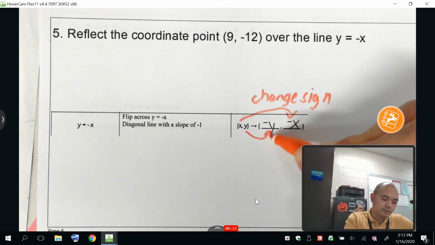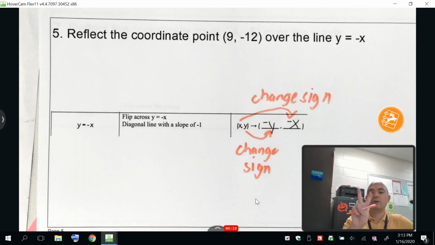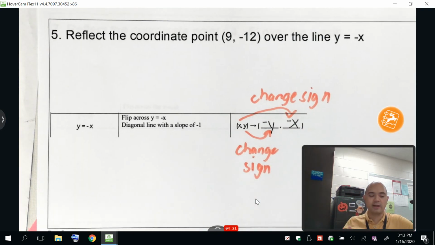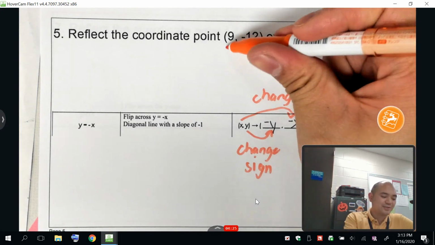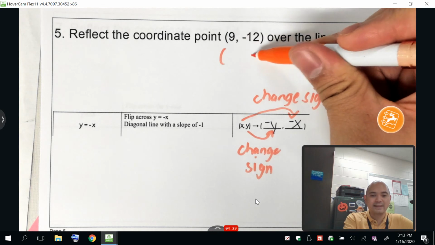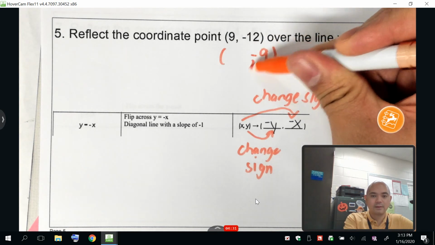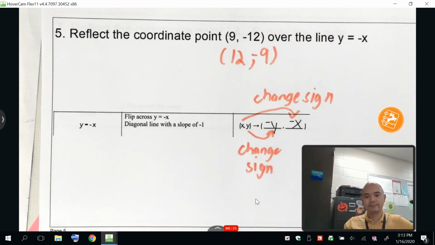Your y also changes signs. So x and y switch places and change signs. Right, take a minute to answer. And your answer should be that 9 goes to the back as a -9. That -12 goes to the front as a +12.